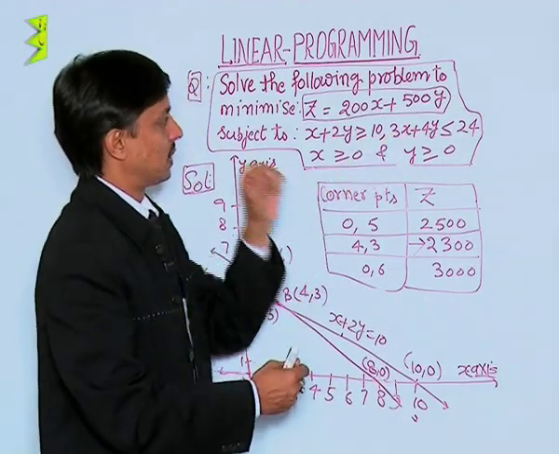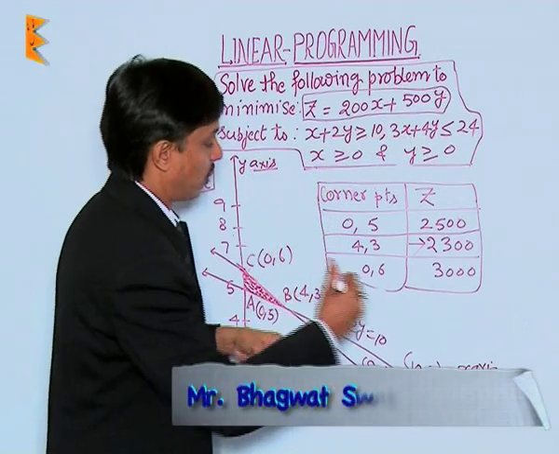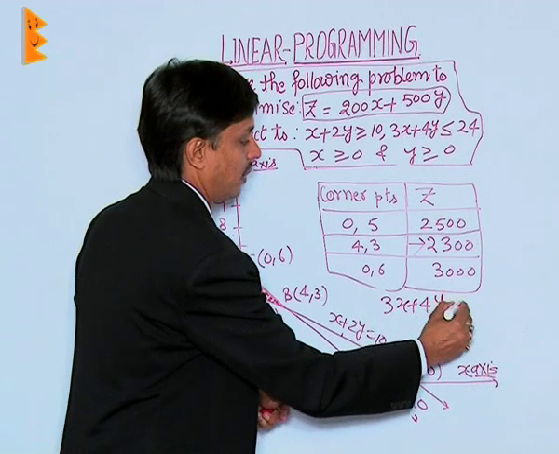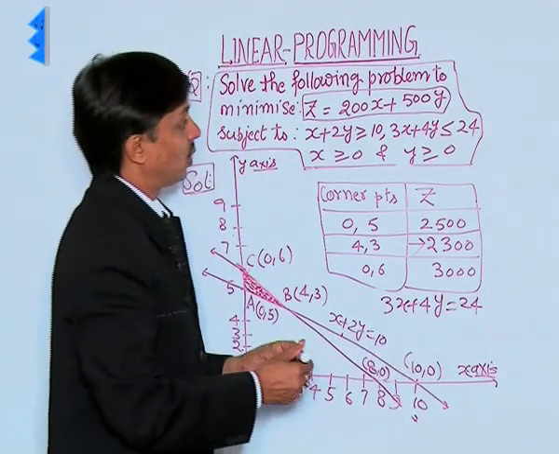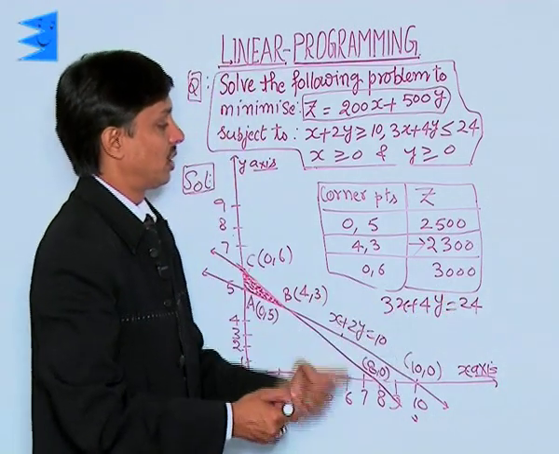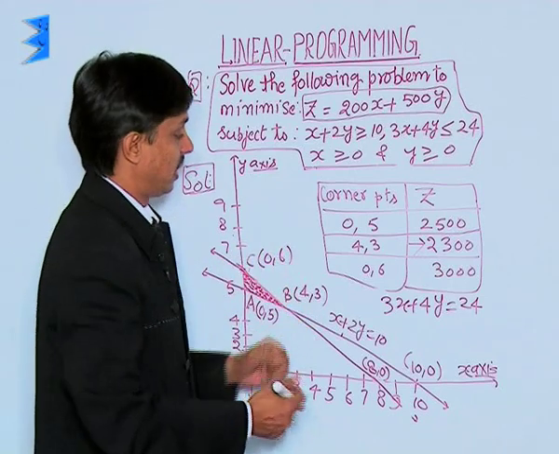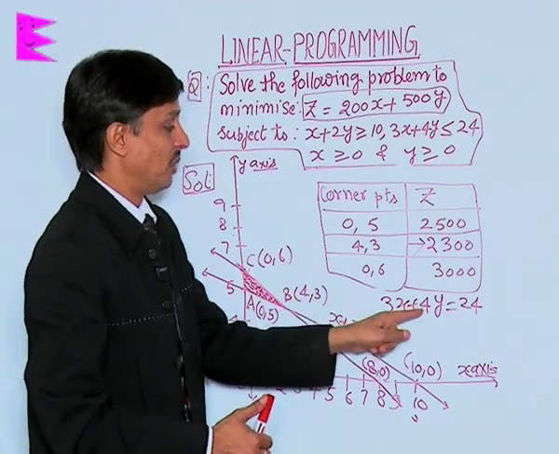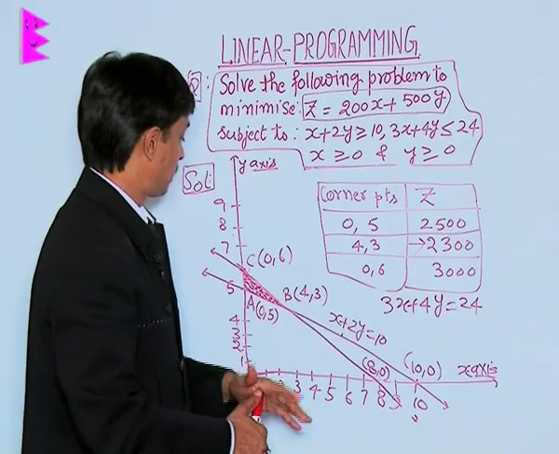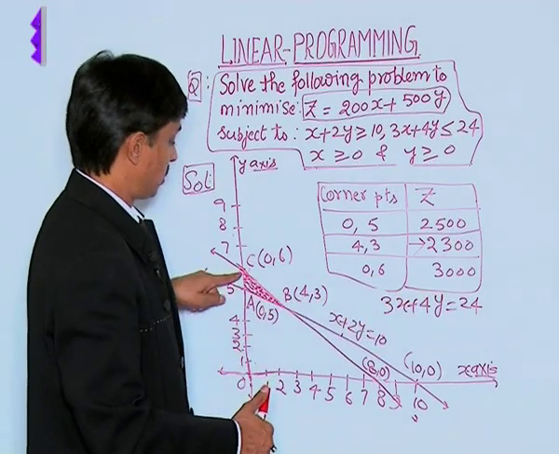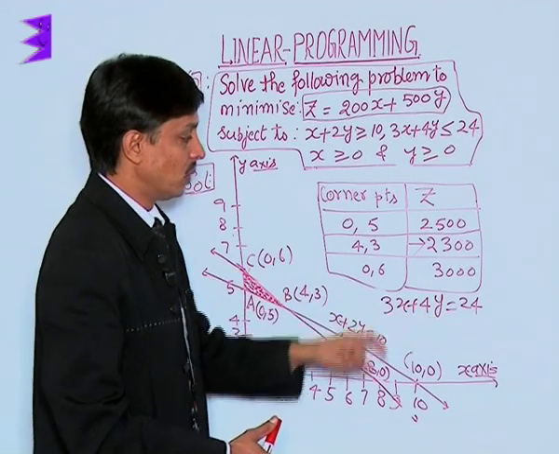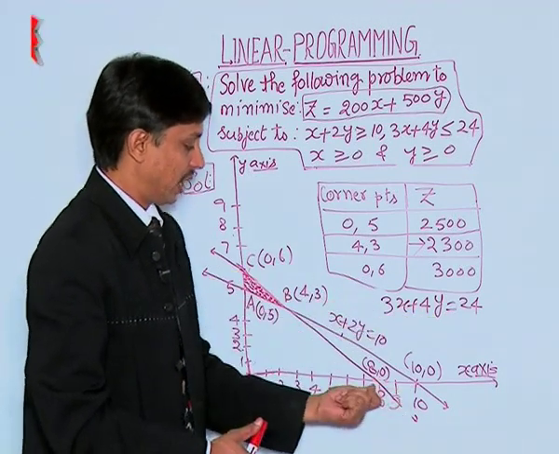Now you come to this. It is 3x plus 4y. We have 3x plus 4y is less than or equal to 24. We will make it equal to 24 to take the points on the x and y axis. If we take x as 0, we will get y as 6. So 0 comma 6 is this situation. And if we take y as 0, then the point will be 8 comma 0.